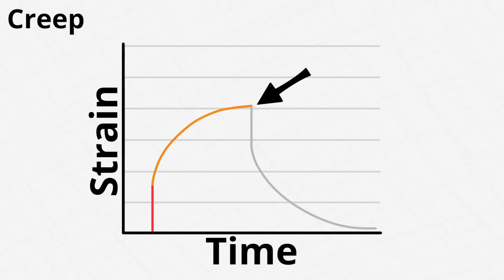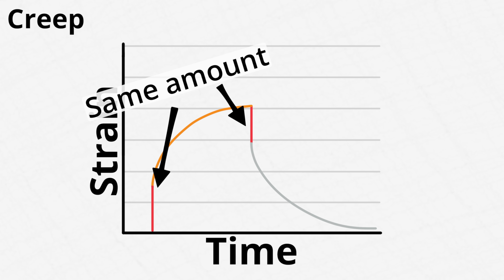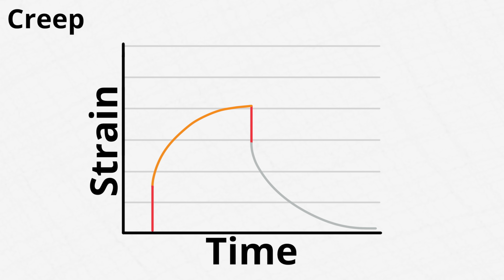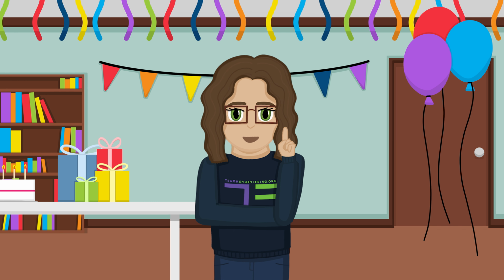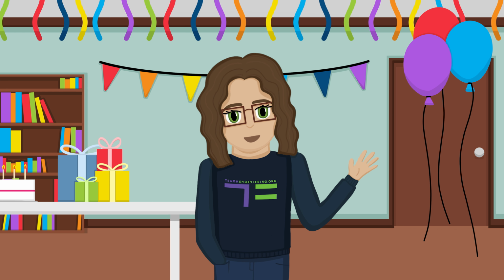Upon releasing the force, the displacement immediately drops the same amount as it initially increased, before taking time to return all the way back to a strain of zero. Through both stress relaxation and creep, the length of time a viscoelastic material is stretched affects how it responds.